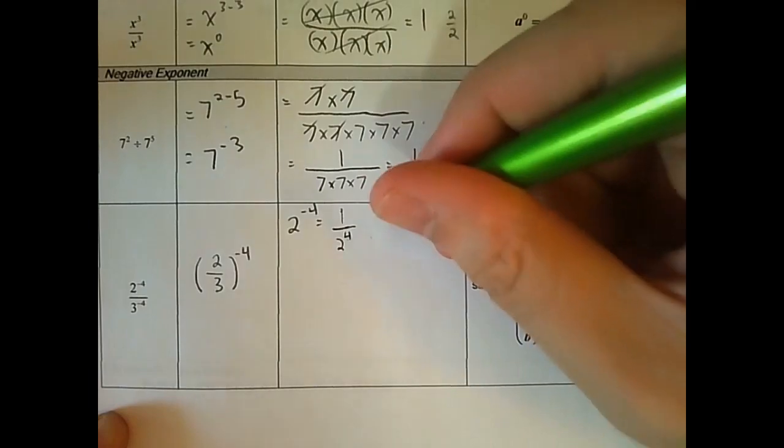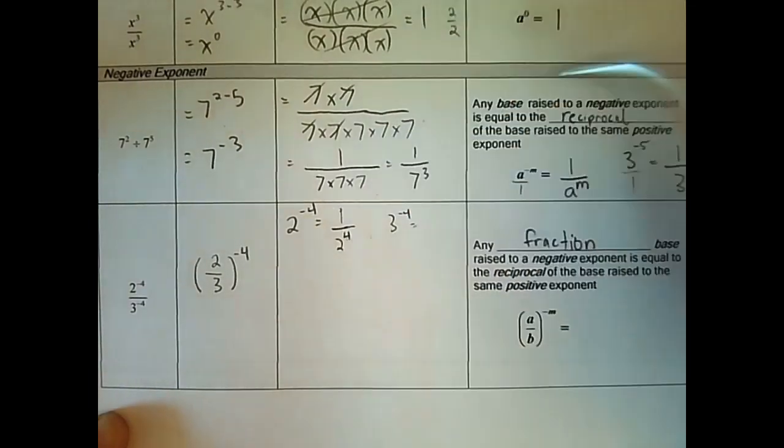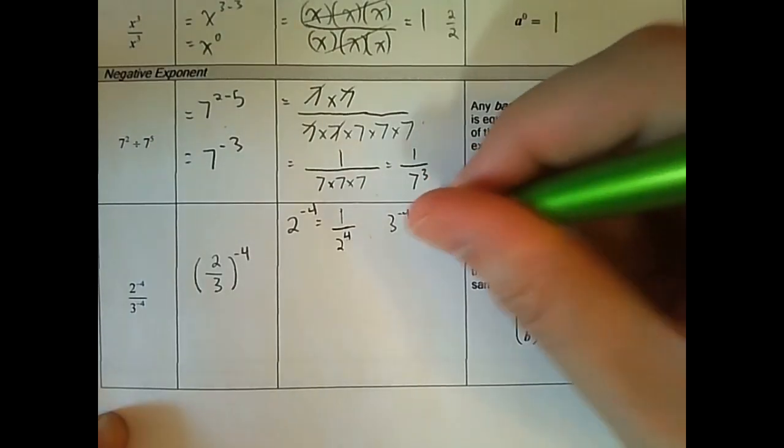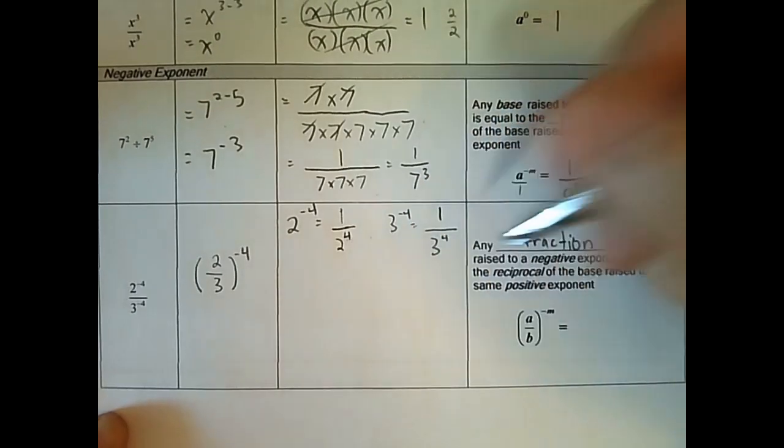And then I could do the same for 3 to the power of negative 4. Again, just the numerator and denominator here, I'm doing them separately. 1 over 3 to the power of 4.